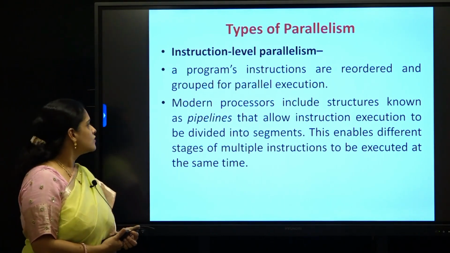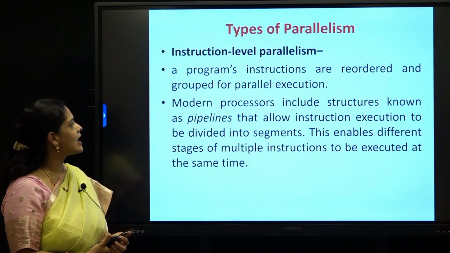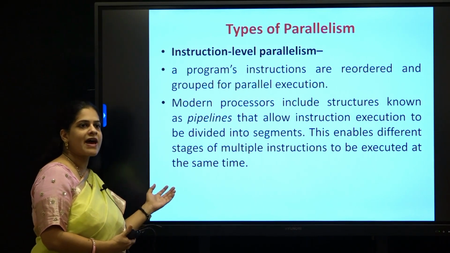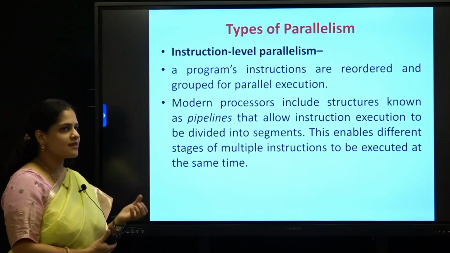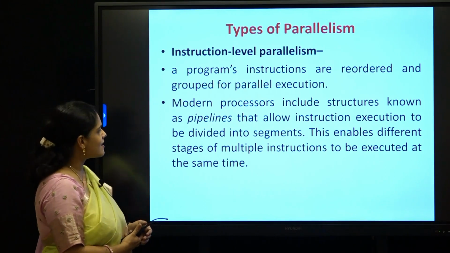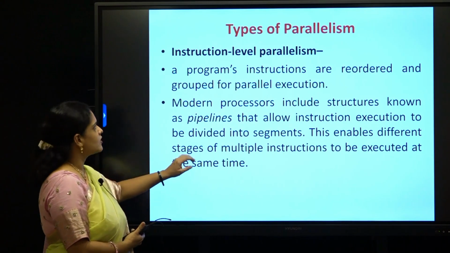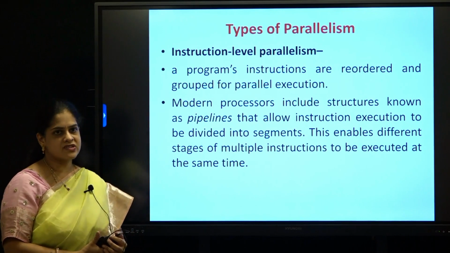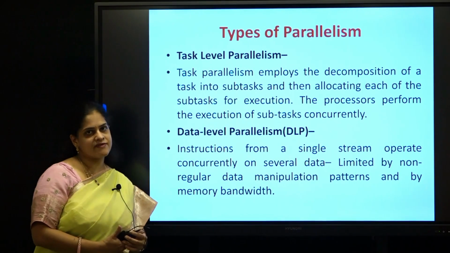Modern processors include structures such as pipelines that allow instruction execution to be divided into segments. We know that in an instruction pipeline, we divide the execution of an instruction into multiple segments, and they are executed in parallel among multiple instructions. This enables different stages of multiple instructions to be executed at the same time. So this is instruction level parallelism, implemented among multiple instructions being executed in a pipeline.